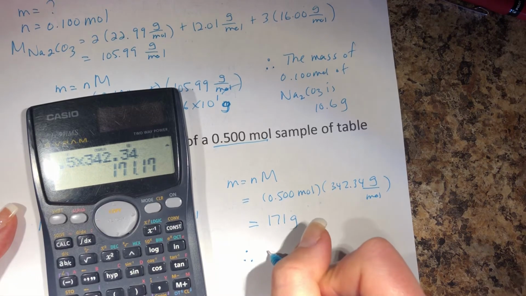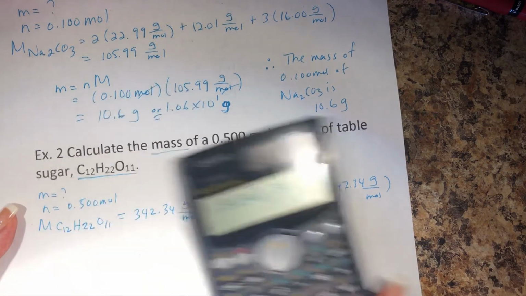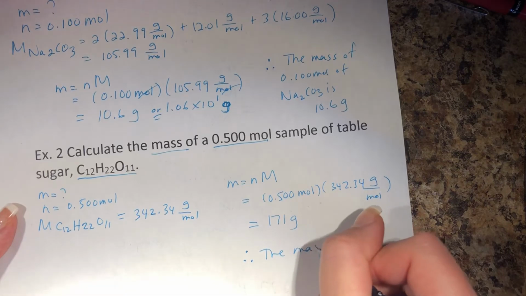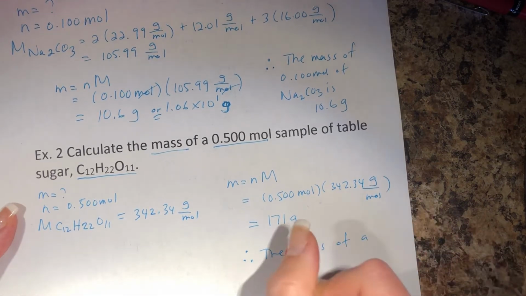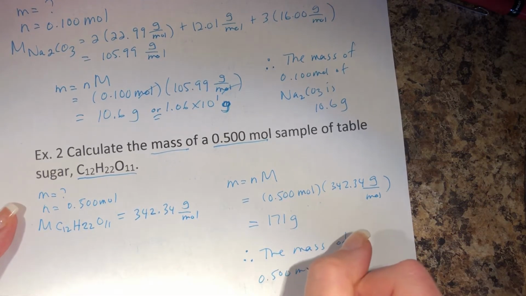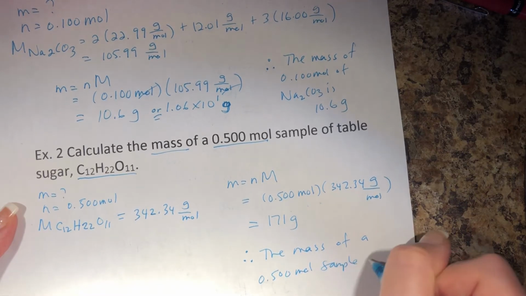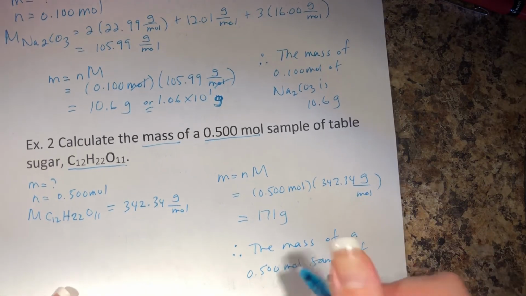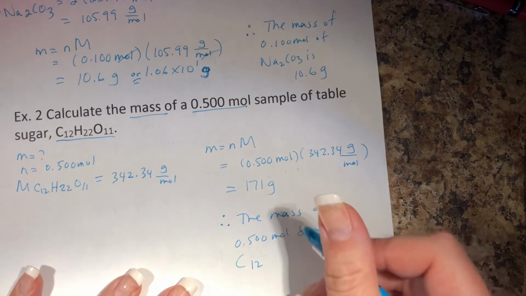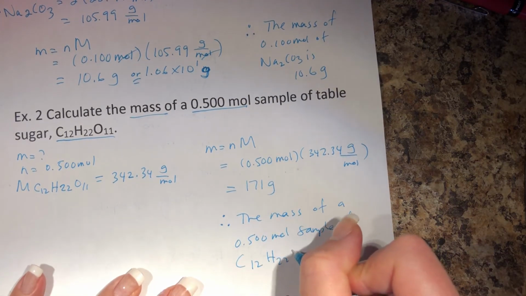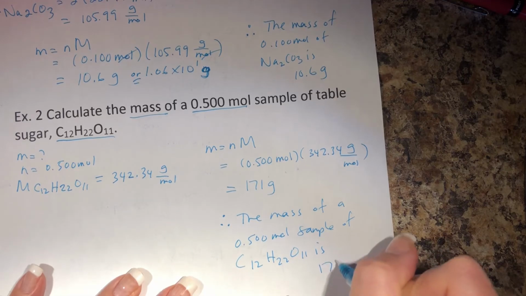So therefore, the mass of a 0.500 mole sample of C12H22O11 is 171 grams.